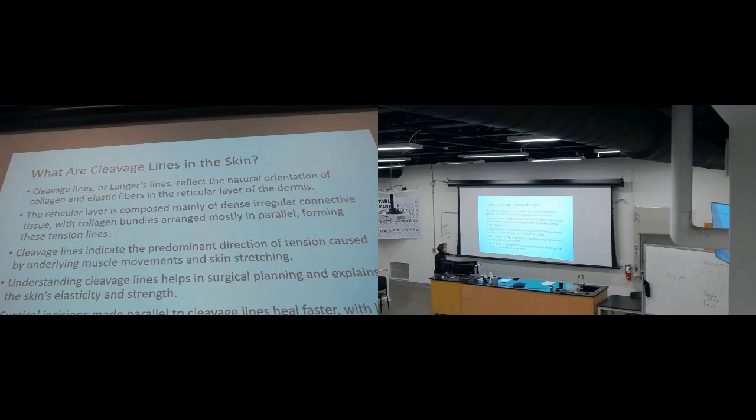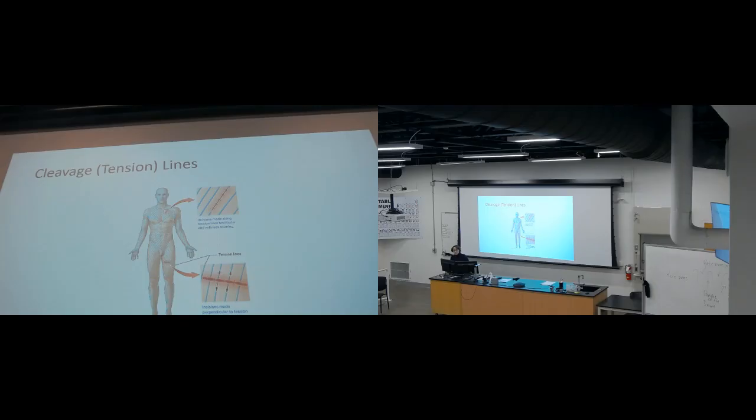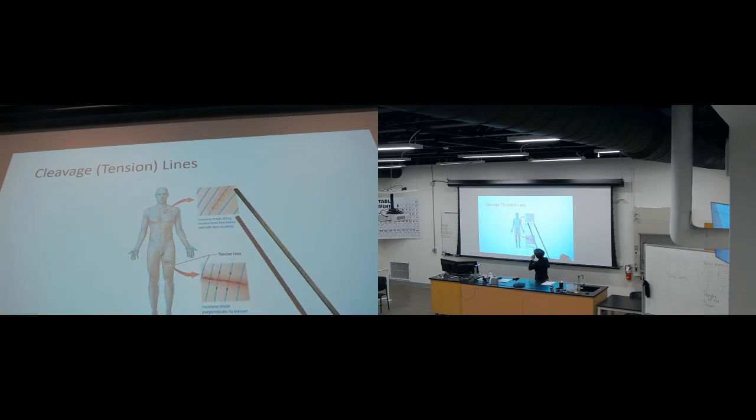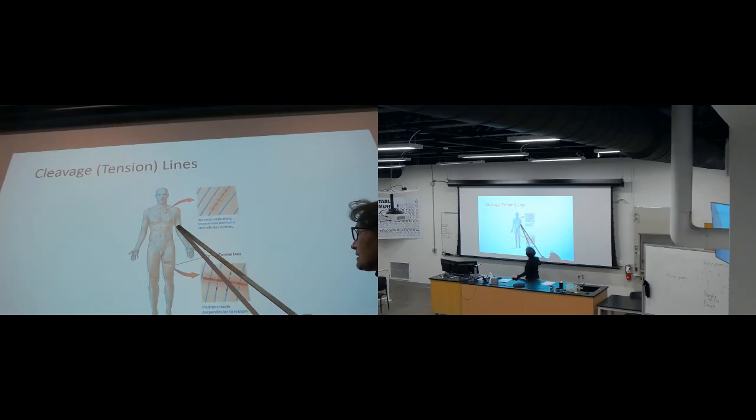And then also, something that is related to these cleavage lines is that it helps to provide elasticity and strength, of course, with the collagen fibers to our skin. So another name of cleavage lines is tension lines. And here you can see the body in the anterior view, and all these blue lines that you see here represent these cleavage lines.